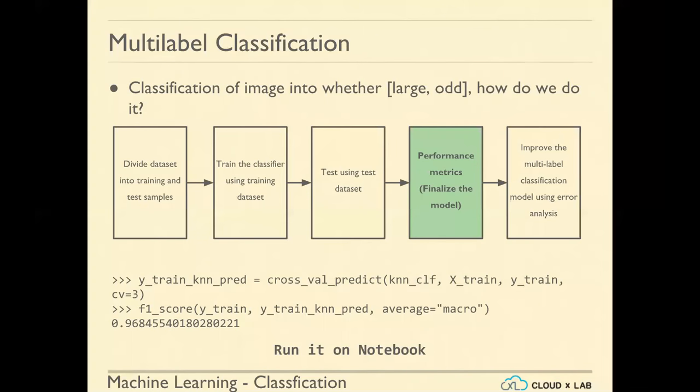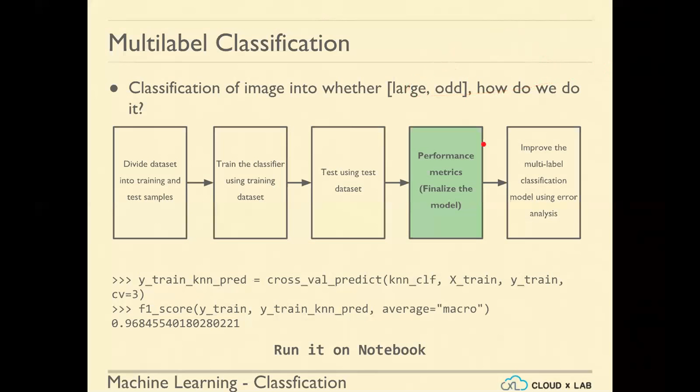Let me say it again. Since we are going to compare the results and the results are an array, if, let's say, we got large and odd and the actual one is large and even, we can't compare the way we did earlier for our confusion matrix, which was a straight true and false comparison.